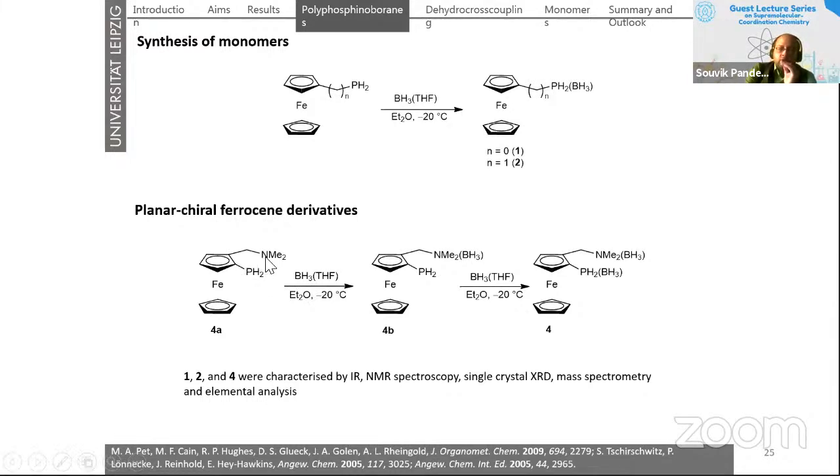So nitrogen will also compete with phosphorus. But as we see, nitrogen is connected with 3 alkyl groups, so it is more prone to give to boron first. So when I added boron, the boron goes to the nitrogen first, and when I add a second equivalent, it will go to the phosphorus. So I obtain this compound.